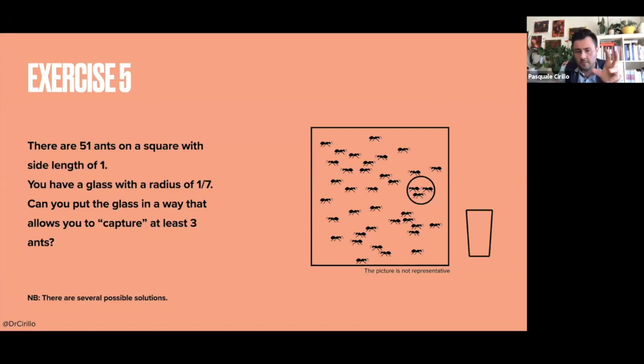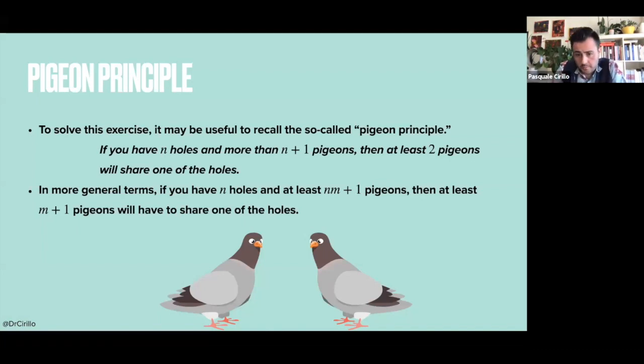Because every time you have a question of this type, that is, you have a certain number of elements that you have to put in a certain number of boxes, holes, areas, or geometric figures, and you want to know if every single box contains at least a certain number of the initial objects, this falls under the name of the pigeonhole principle.